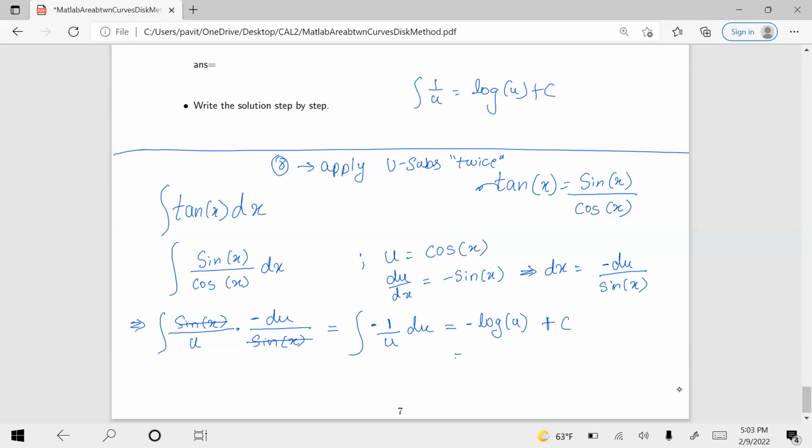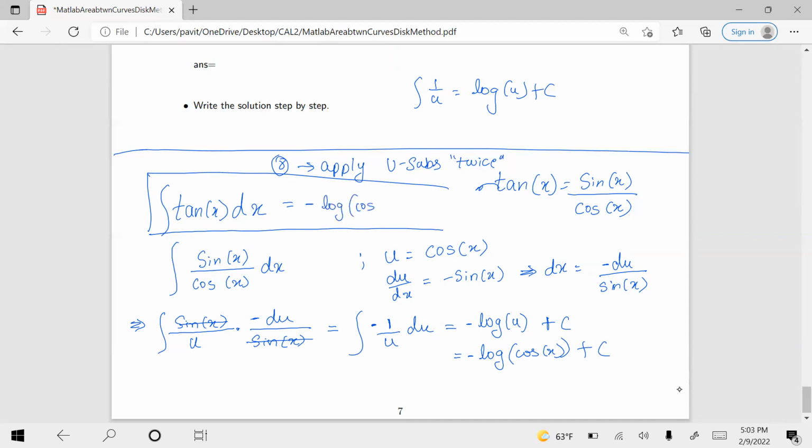Now what is u? u is cos x. So negative log of cos of x. Okay. So the integration of tan of x, the formula is negative log of cos of x plus c.